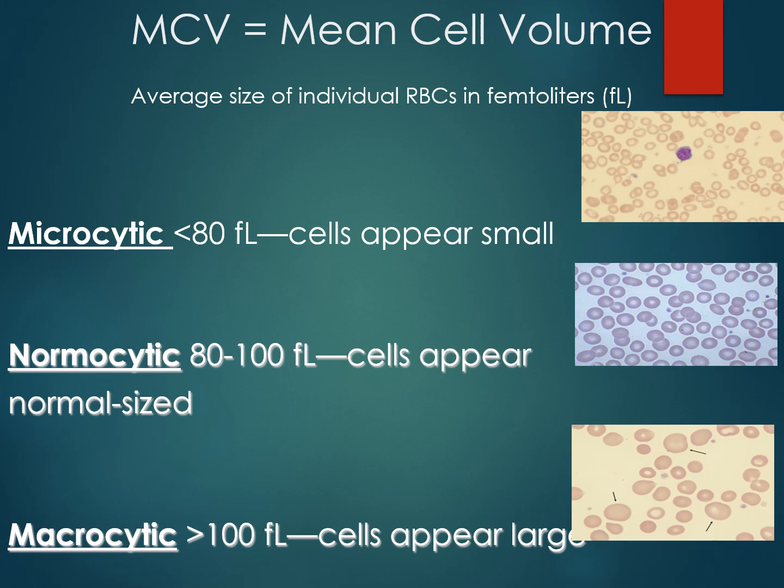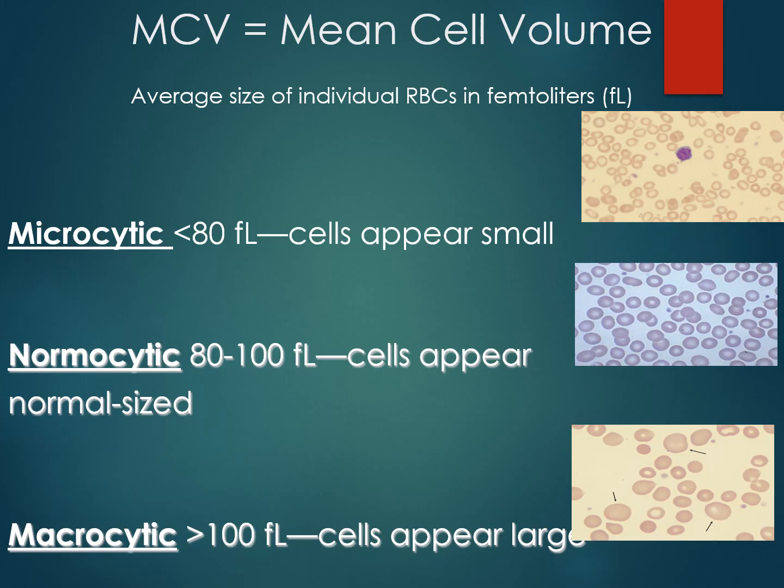I know we've already talked about the MCV in one of our earlier lectures, but let's talk about it again. The MCV, or the mean cell volume or mean corpuscle volume, is the average size of individual red blood cells in measurements of femtoliters. Microcytic cells fall with an MCV of less than 80 femtoliters, and these cells appear small.